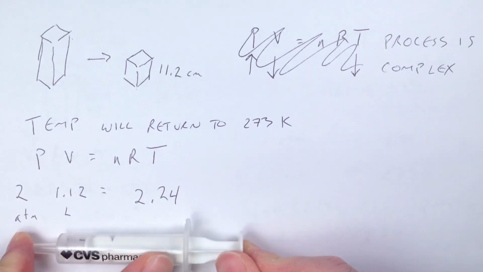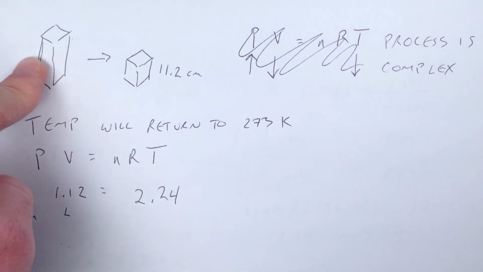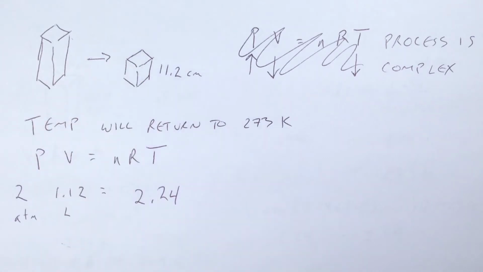Make sense? So that would be a result of that. You have gas that used to occupy a lot of space. It now occupies less space, and the pressure has gone up. There are devices that are capable of doing this.